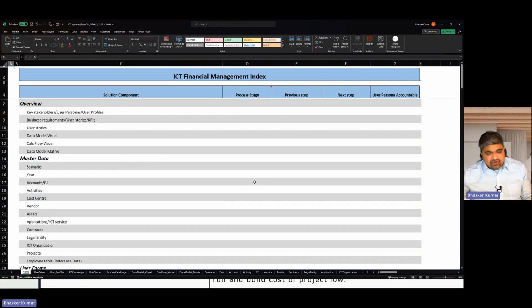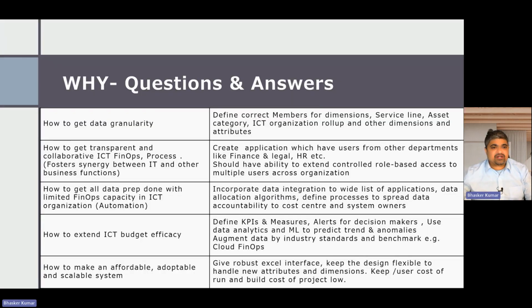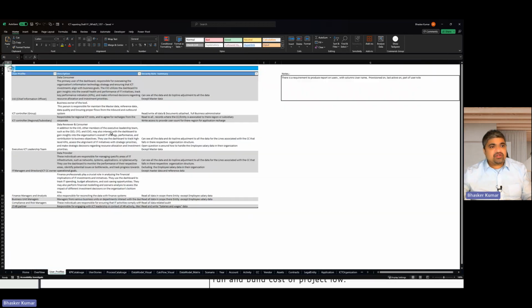So if we go to the next question, how do you get a transparent and collaborative ICT FinOps process? Collaborate with whom? We can see that we have different user profiles involved in this process. We have the CIO, we have ICT controllers at the group level, we have ICT controllers at the regional level, and they play an important role in establishing control and harmony with your regional CIO.